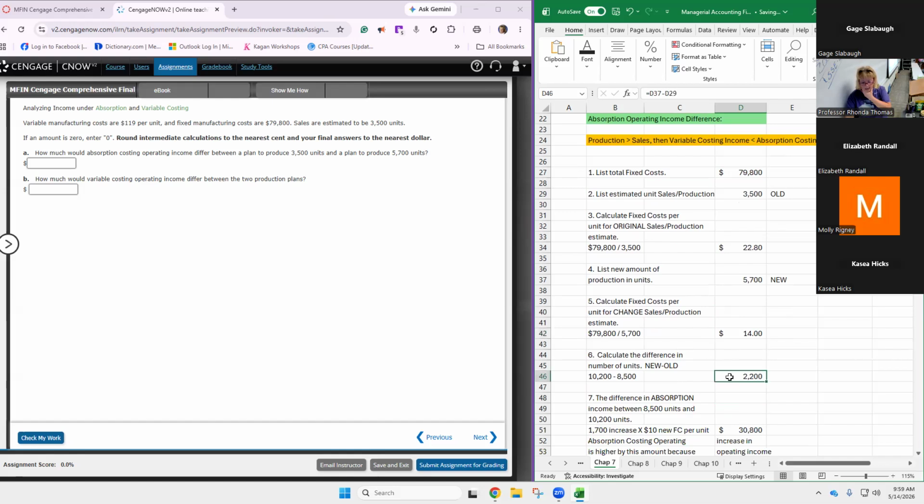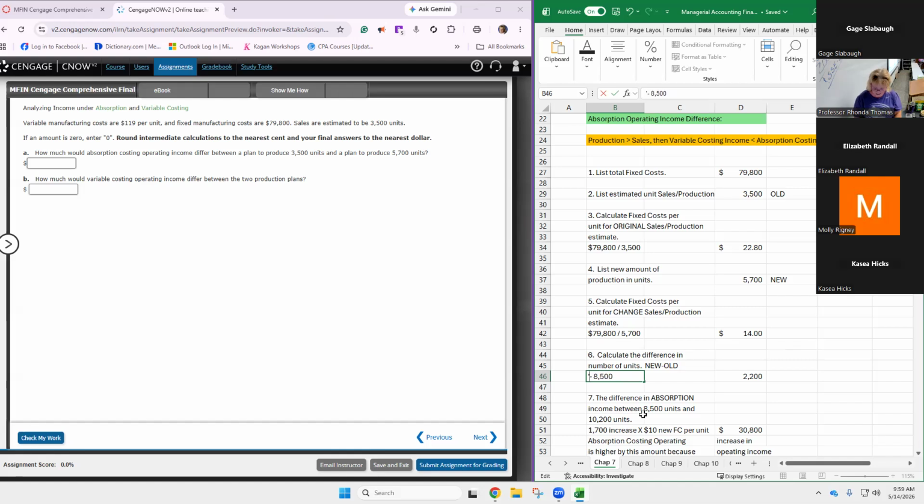Now what you'll want to calculate is the difference in the number of units. So once again, our new is 5,700. If we subtract 3,500 from it, we get the difference in units of 2,200. And I want to show this on my screen here so that you understand that's what I got.